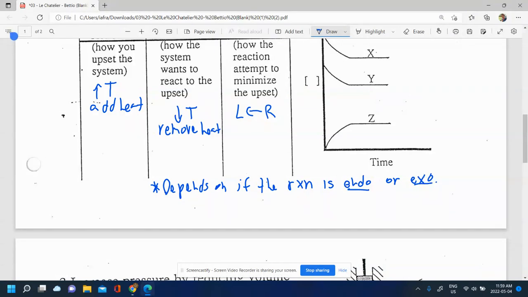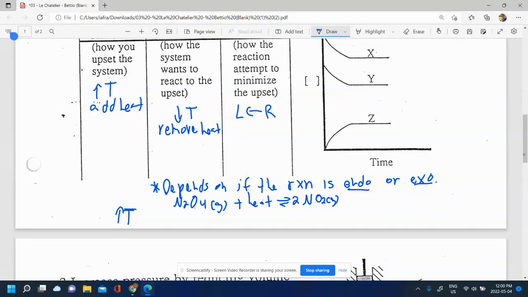So let's do an example of an endothermic reaction. Suppose I had N2O4 gas plus some energy, so heat, and that produces 2NO2 gas. Well, let's just do an experiment here. Suppose that in this scenario, I increased the temperature.